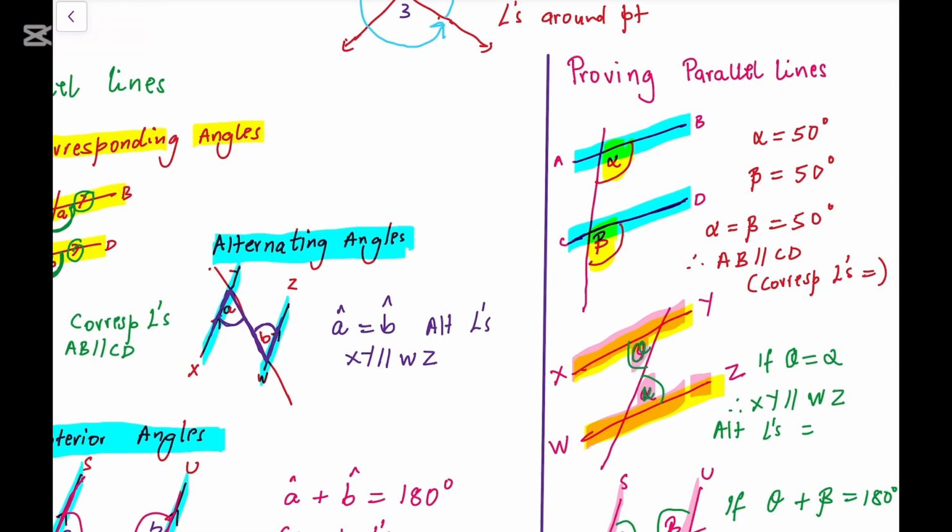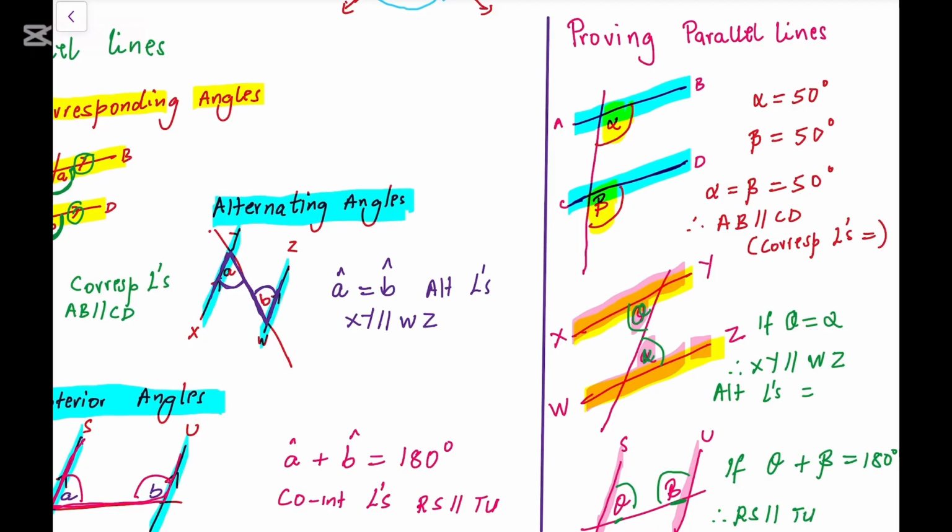In grade 12 there is also the proportionality theorem that can be used. But for now, since we are discussing theorems that you learned from grade 8 up to grade 10, we are only limited to co-interior angles, alternating angles, as well as corresponding angles.